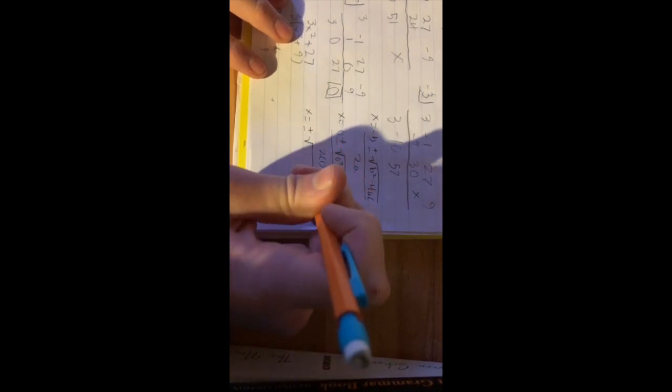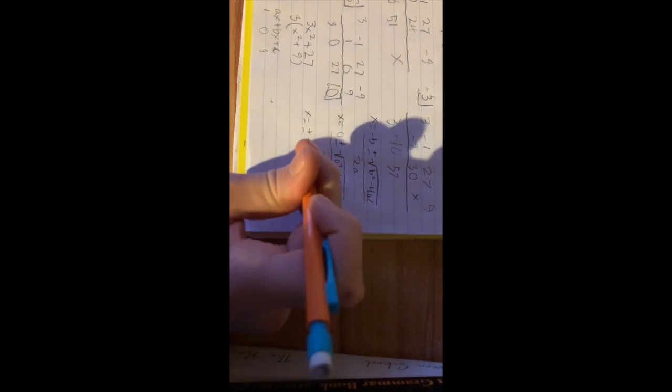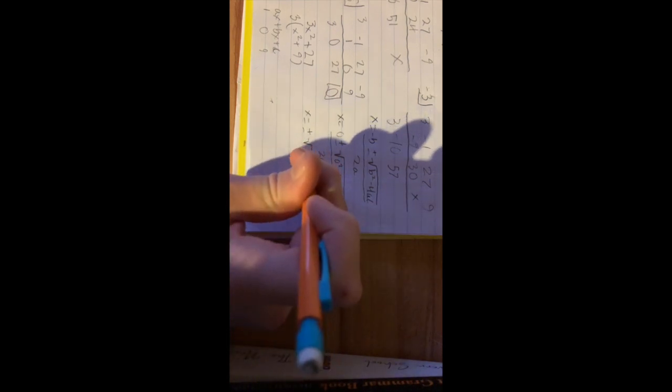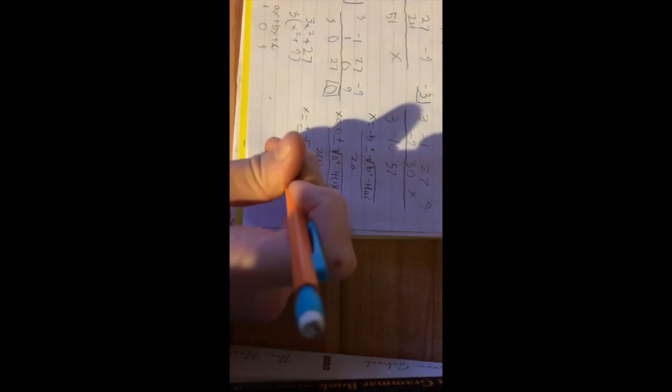I can simplify that to get x equals plus or minus the square root of negative 36 over 2.